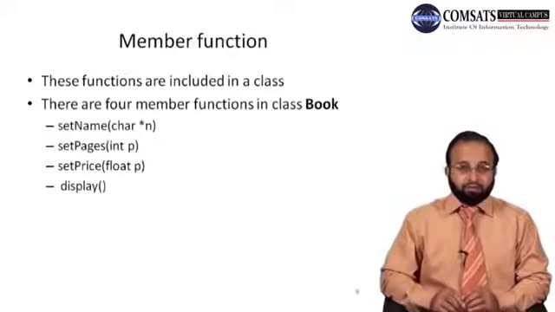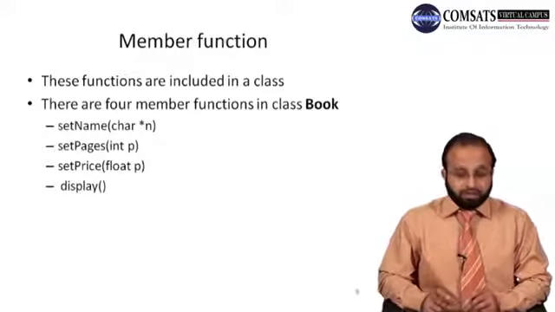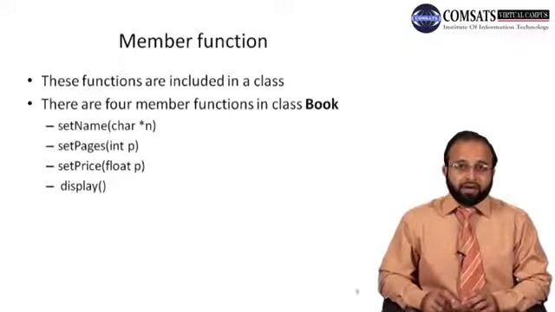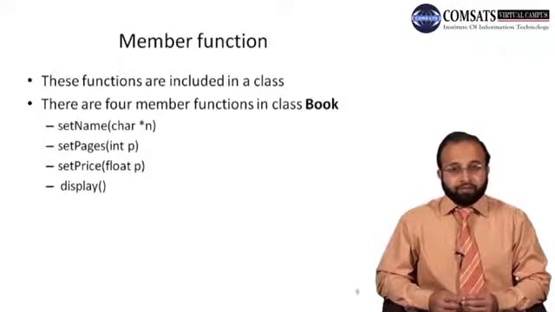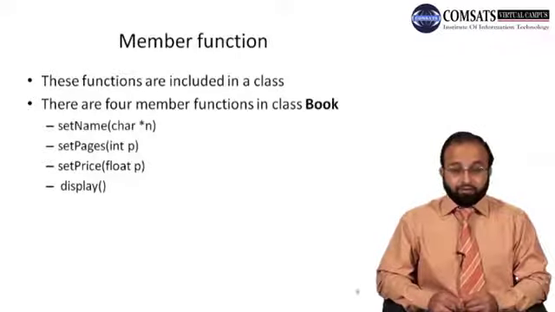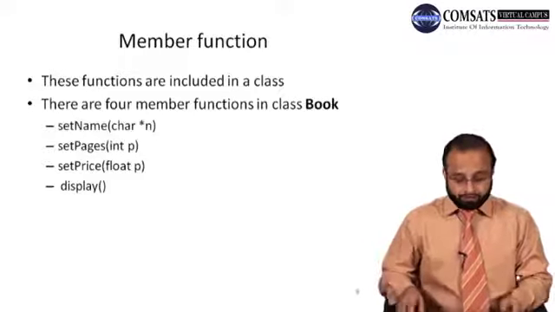Then we have a display function. Display function is kind of a get function. So these are the setters. We have setter functions and we have a getter function. What display does is basically display all the information about that object of the book class on the computer screen. The information includes the name of the book, number of pages, and the price, right?